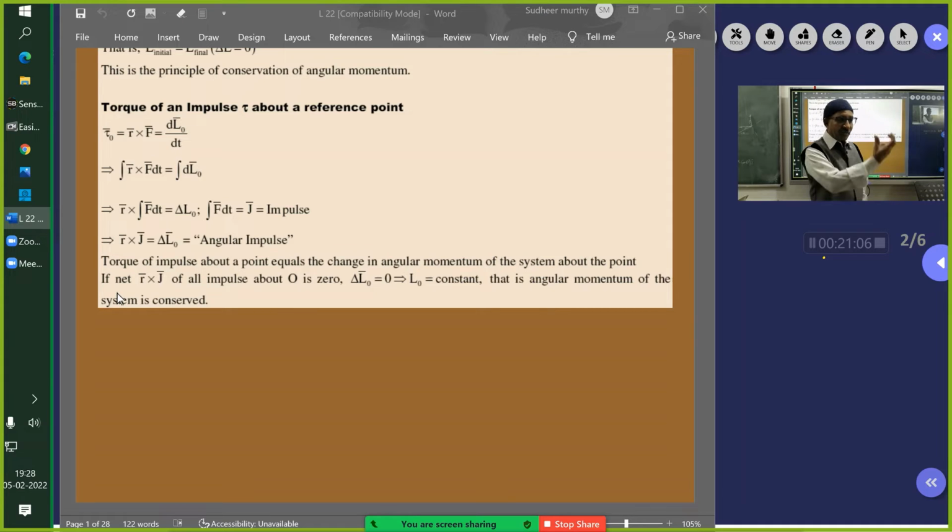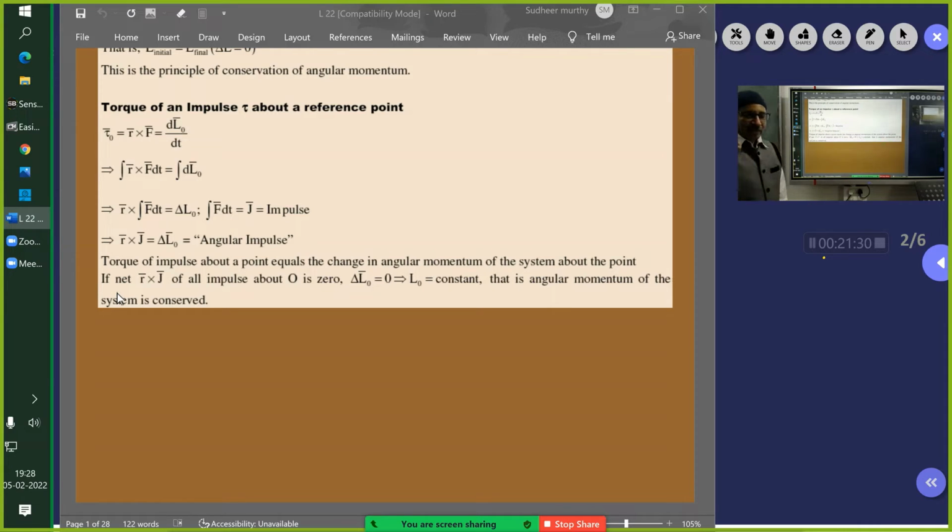The gravitational force acting on the ball becomes insignificant if the time of contact with the bat is very, very small. If the time of contact is more, then the gravitational force will not become insignificant. So for a very short duration, when the force interacts, we use the word impulse.